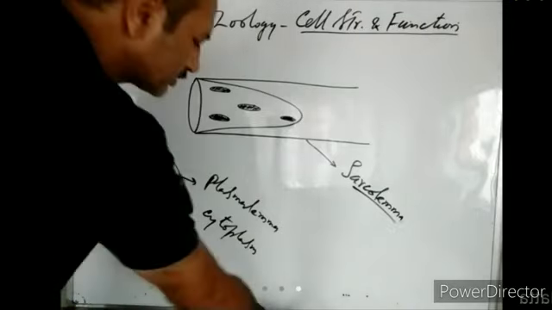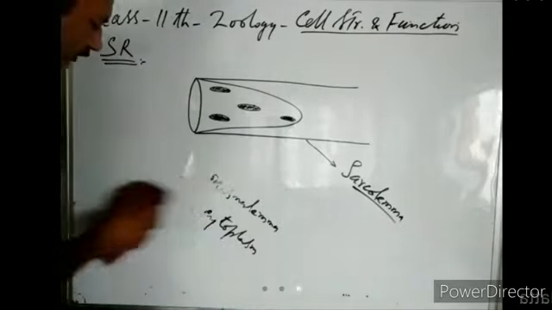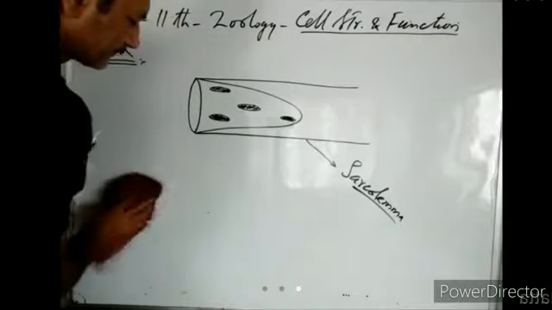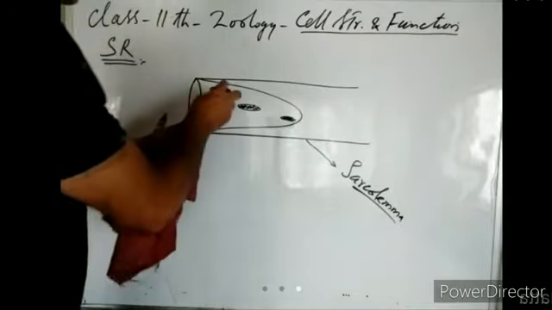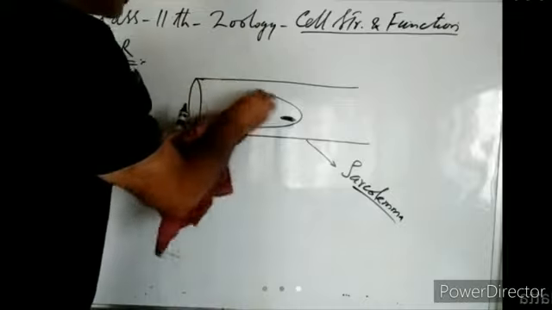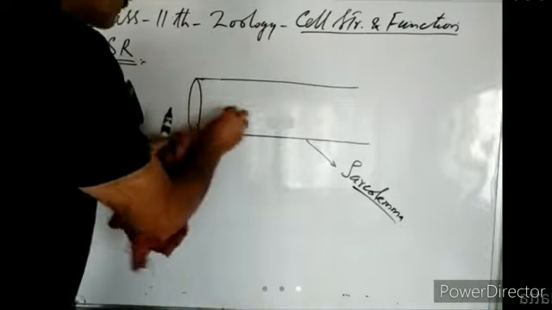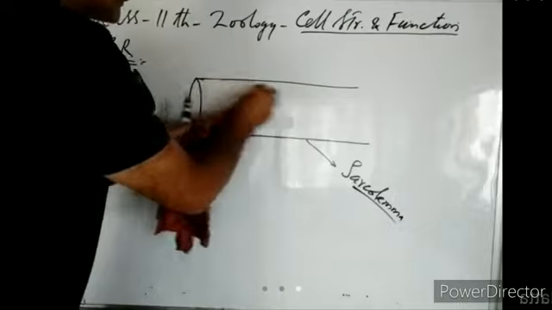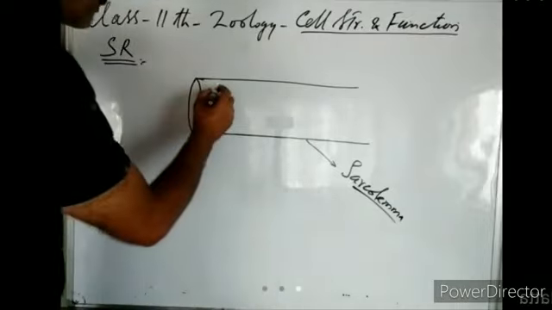Now, if we remove these nuclei, what do we find just below the nuclei? We find the sarcoplasmic reticulum.